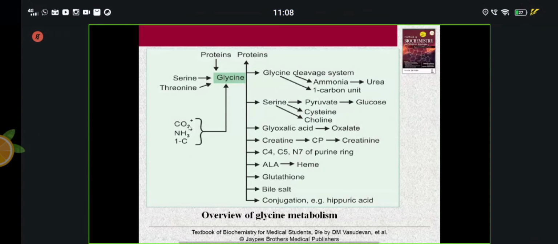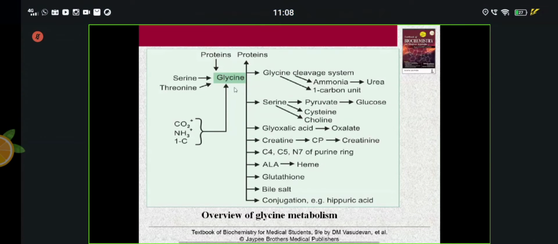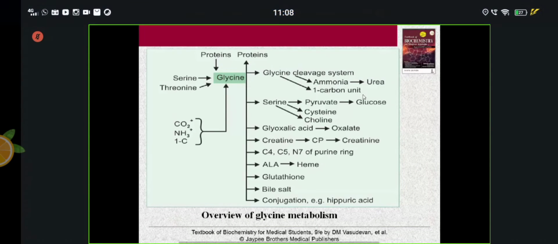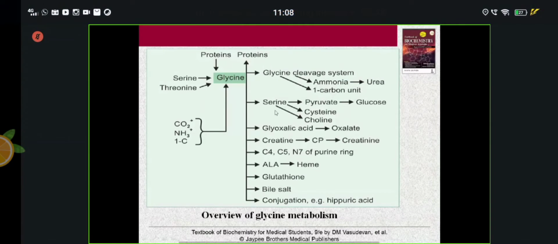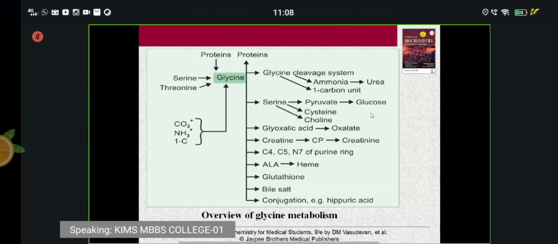If it is to be synthesized, one carbon unit, ammonia, carbon dioxide, all of these can give glycine. Once you break down glycine by the glycine cleavage system, you have seen that ammonia is formed and a carbon unit. The ammonia goes to the urea cycle. So we have seen the urea cycle, what happens to ammonia and all that. Serine, what happens to serine? It mostly goes into pyruvate and that goes into gluconeogenesis for the formation of glucose.